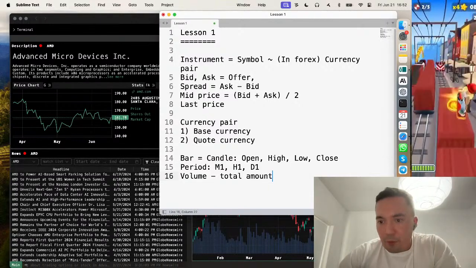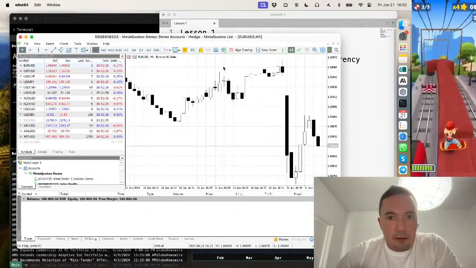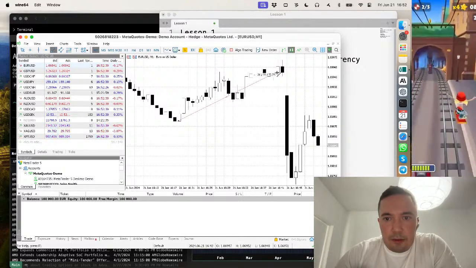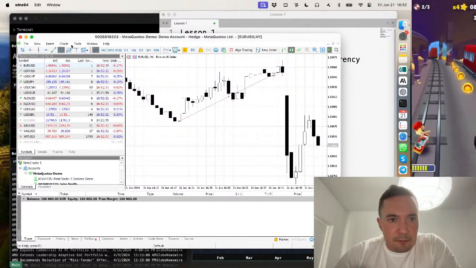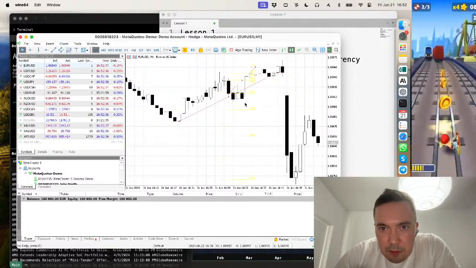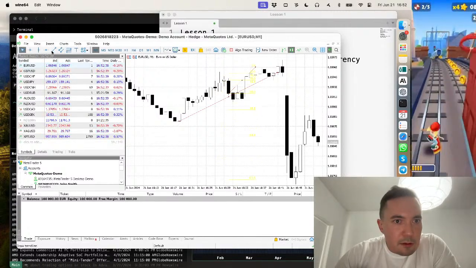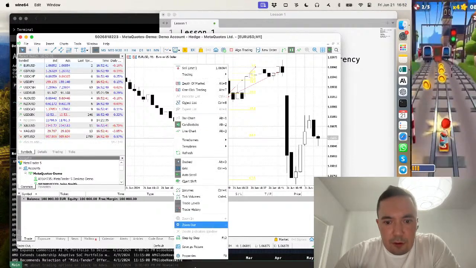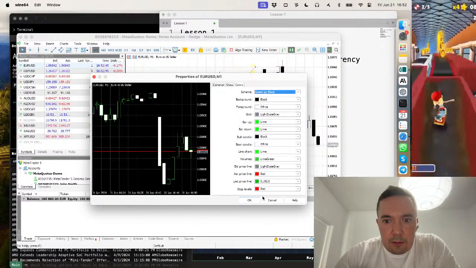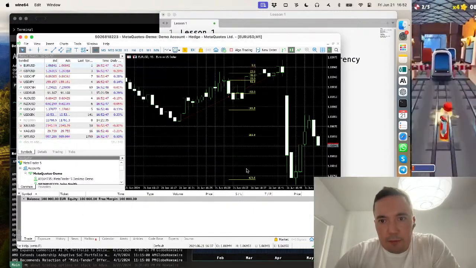Oh yeah, important thing. On the charts, you can also draw some lines. I cannot see it. Maybe if we change the color to black. Okay, now I can see it.